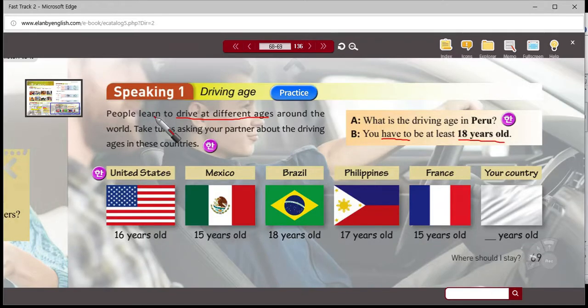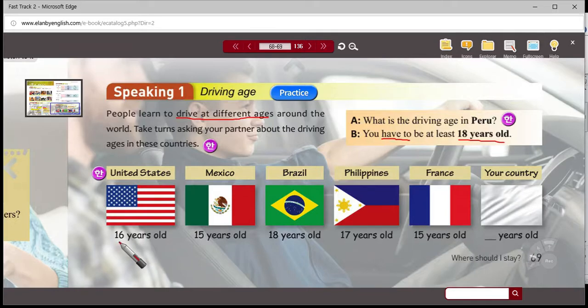Okay. So you and a partner are going to take turns asking and answering about these countries listed here, including your country. Okay. So I don't know if you're from Korea or Vietnam or where you're from, but I'm curious to know how old you have to be to drive. Your minimum driving age, okay? The youngest you can be to drive a vehicle.